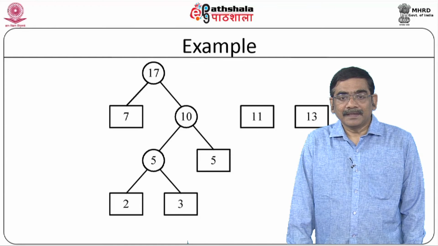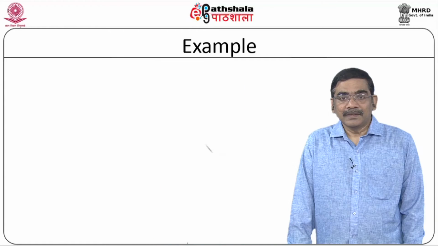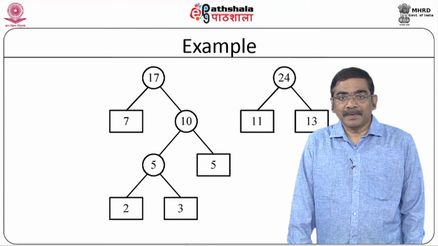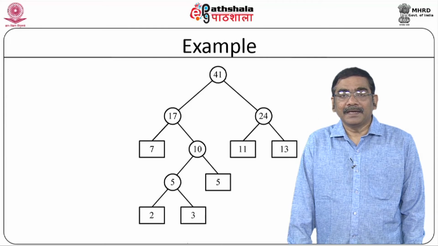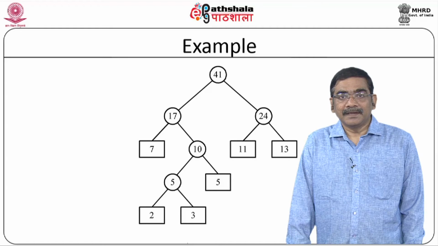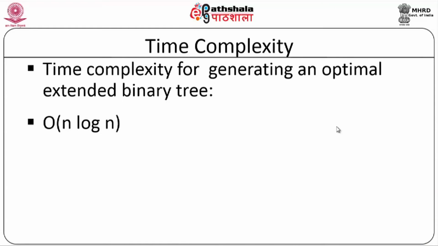Then you have a scenario of 11, 13 and 17. In the next step I am combining 11 and 13 to get 24, and finally I can combine everything to get 41. So, this is the optimal merge tree that is obtained using this procedure. This is the greedy algorithm of constructing the optimal merge tree.